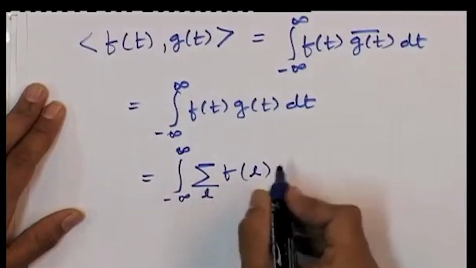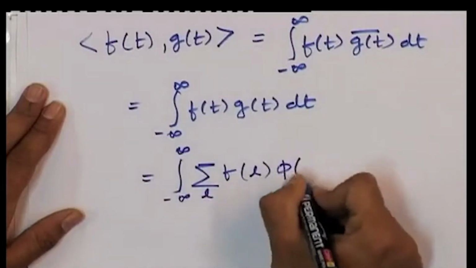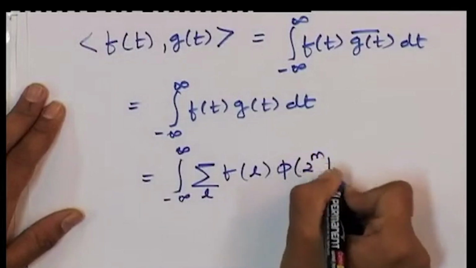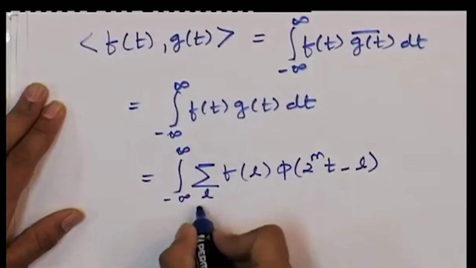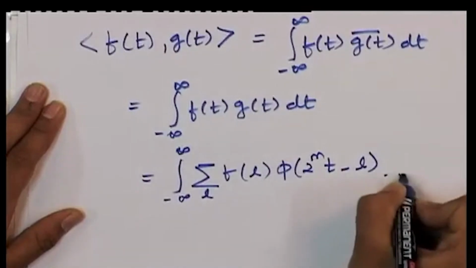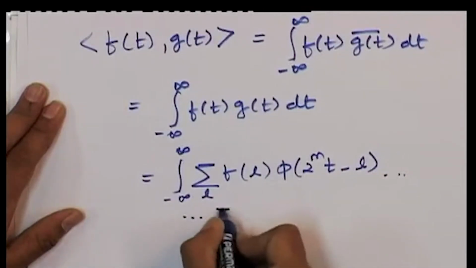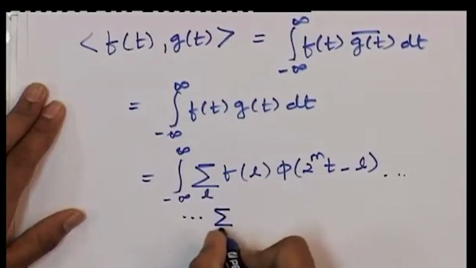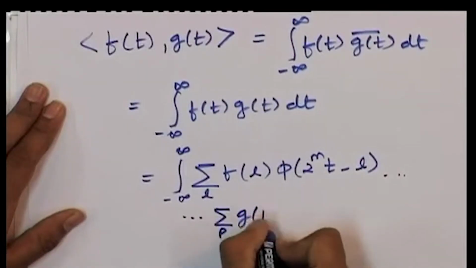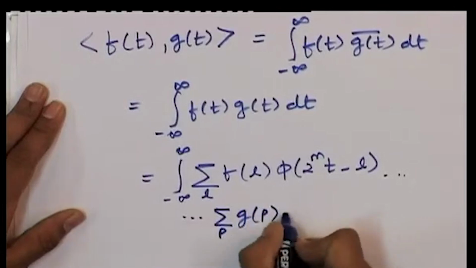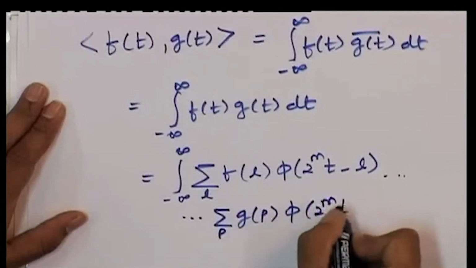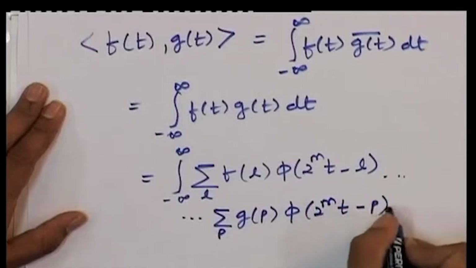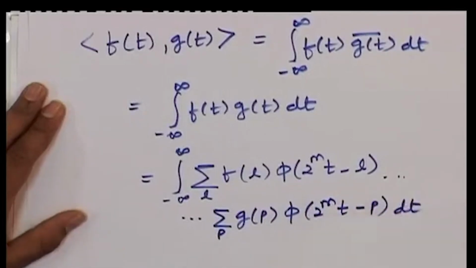Ft is the sum over L, where L is some dummy variable, of Fl phi 2 raised to mt minus L, and Gt is the sum over p of Gp phi 2 raised to mt minus p, integrated dt.